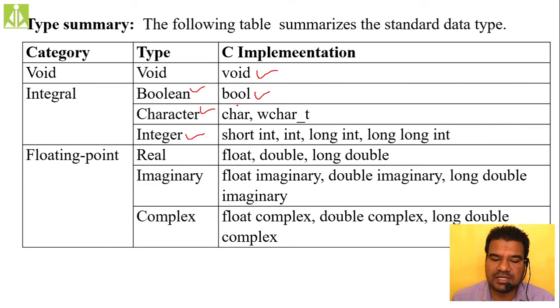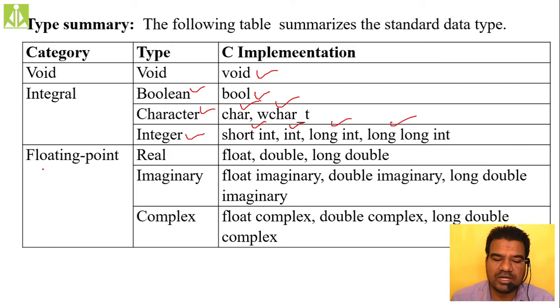To represent character, we have two keywords, char and wchar_t. The purpose of using them I have already explained. Then integers: we have different types, short int, int, long int. Short means short integer, int means integer only, long means long integer.